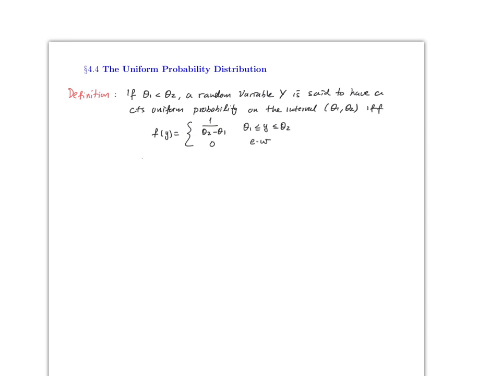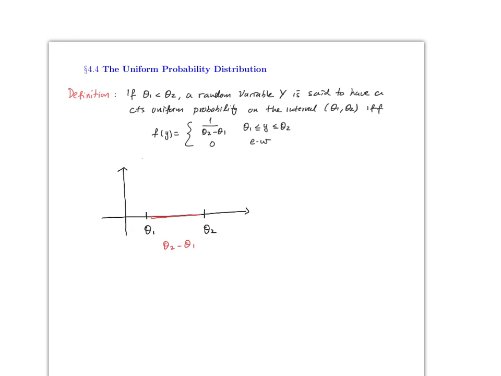Okay? The logic behind this density function, and why it's called uniform, is the following. If you have, say, the number line, and you go from theta 1 to theta 2, notice the length between them is obviously theta 2 minus theta 1.